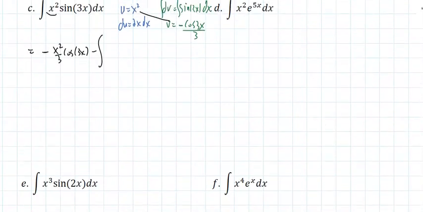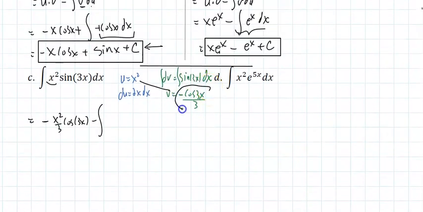I almost forgot it. v du. So if I multiply those, wouldn't that be a negative 2x over 3 the cosine of 3x dx?